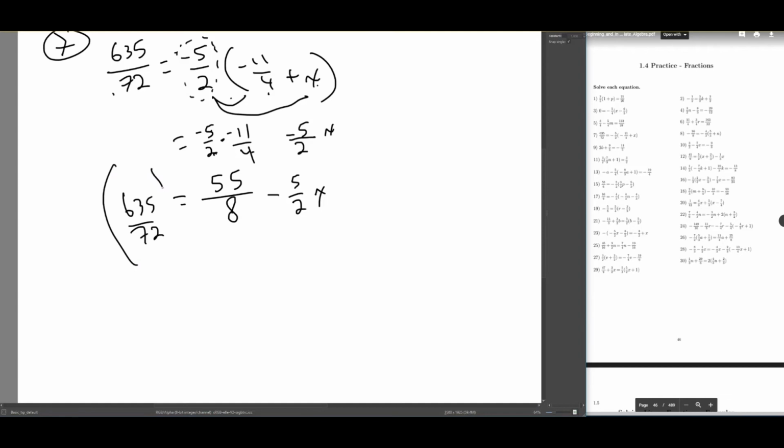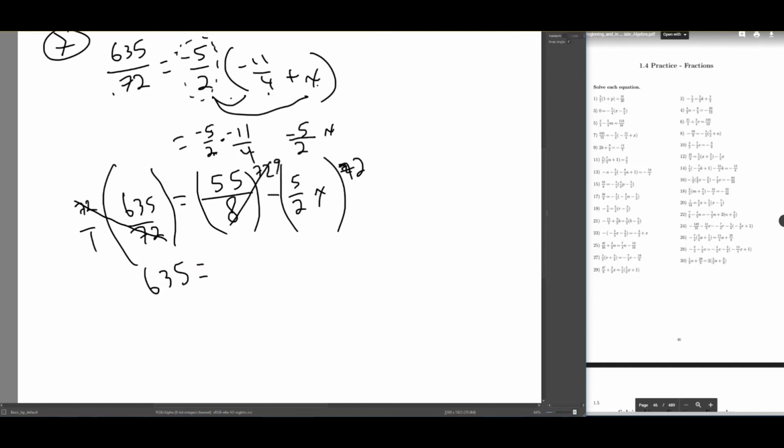Now, interestingly, 72 is a common denominator for all these things, right? Because 8 times 9 equals 72, and 36 times 2 equals 72. So what you can do is you can basically multiply everything by 72. So this crosses out, they become 635.